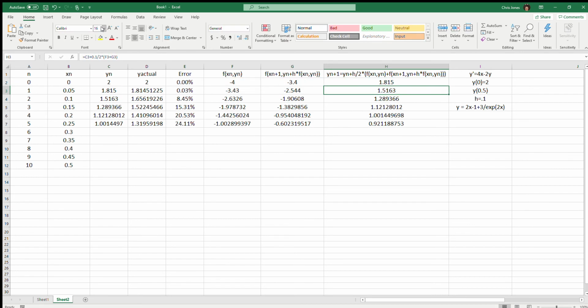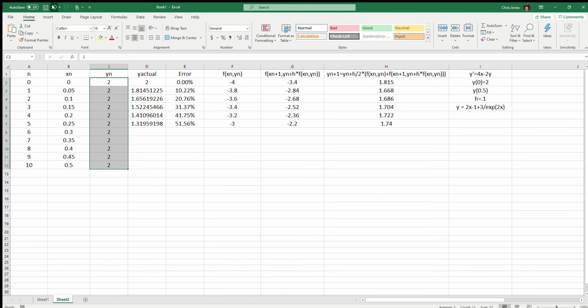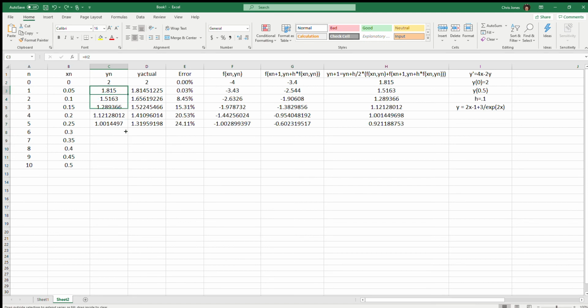And then we're going to drag all the cells that had a change. I'm going to start here and drag that, because the first one was hard-coded as 2. And then we're just going to drag the y-actual down. We're going to drag this one down for the error.